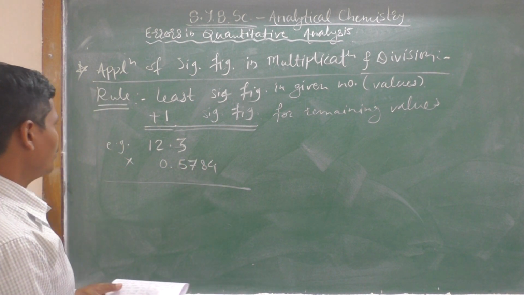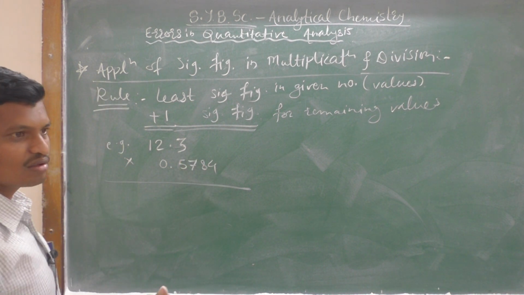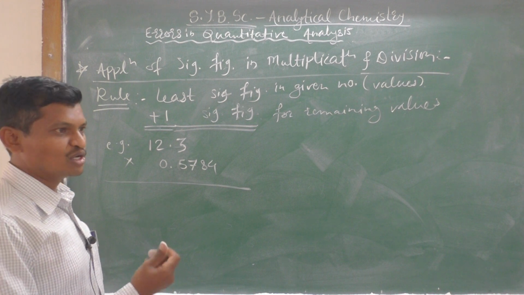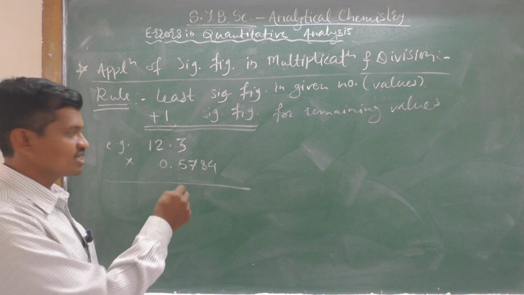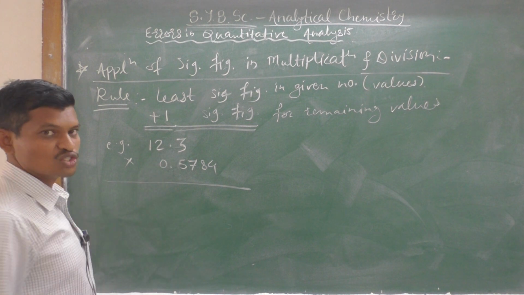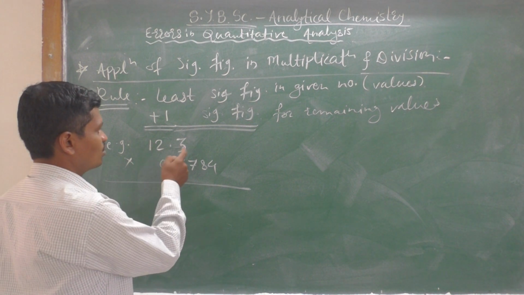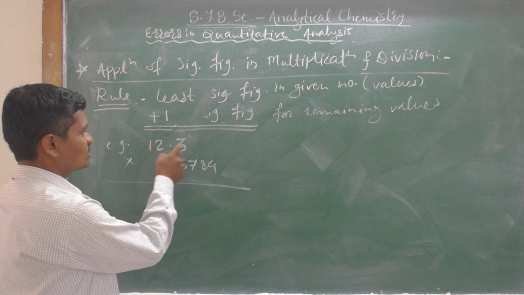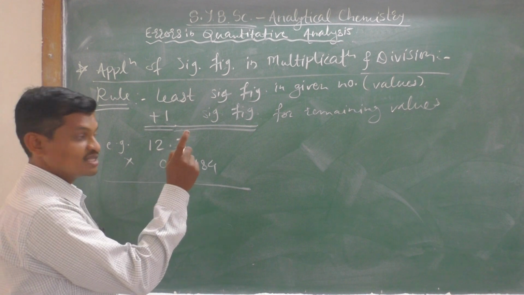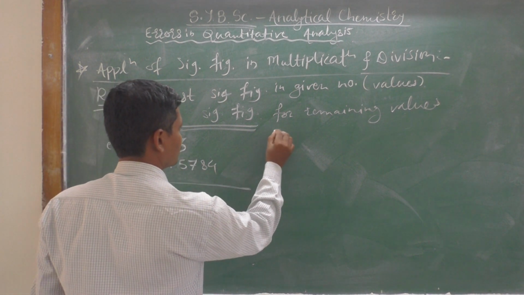Okay, now you should be able to find out the number of significant figures in these two numbers. In this one, 1 2 3, all 3 digits are significant, so the number of significant figures is 3.